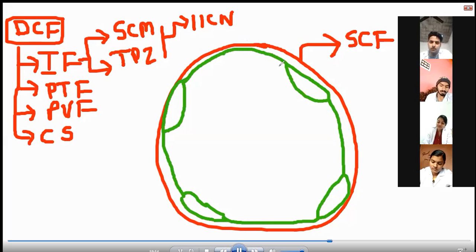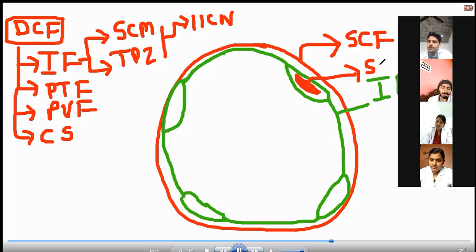So this green one is which fascia? Investing fascia. We have invested a lot in it. Investing fascia. So this is our investing fascia. And this investing fascia is covering a muscle here. What is the name of this muscle? Sternocleidomastoid muscle. It is covering another muscle here.